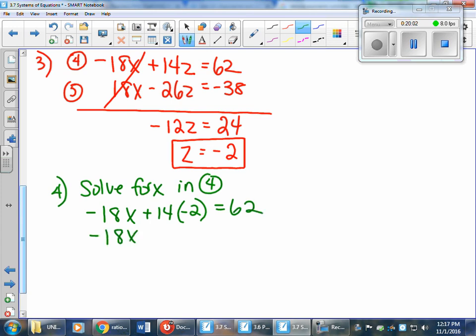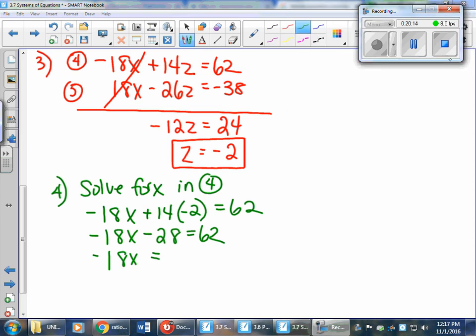Negative 18x minus 28 is equal to 62. Add 28 to both sides, and we get 90. Divide both sides by negative 18, and x is equal to negative 5.